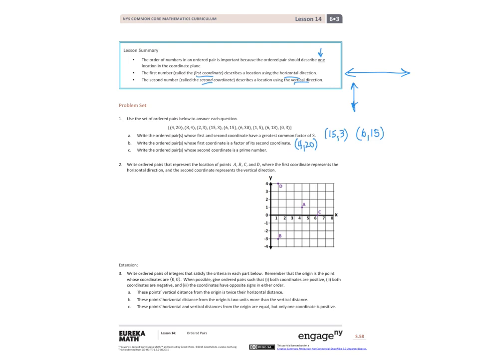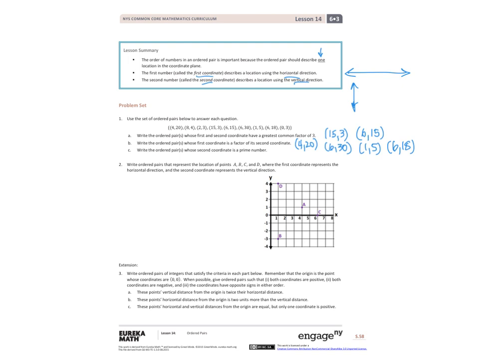How about (6, 30)? Because 6 times 5 is 30. How about (1, 5), because 1 times 5 is 5. And how about (6, 18)? 6 times 3 is 18. And that's all I get for the B part.